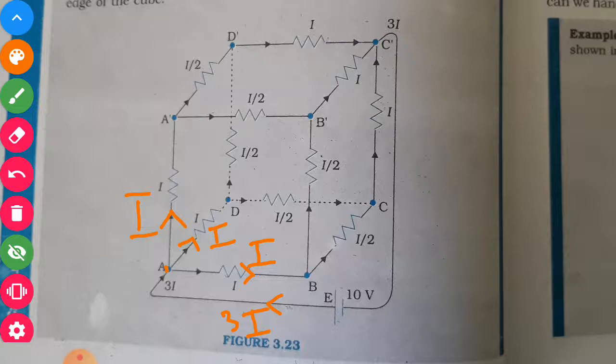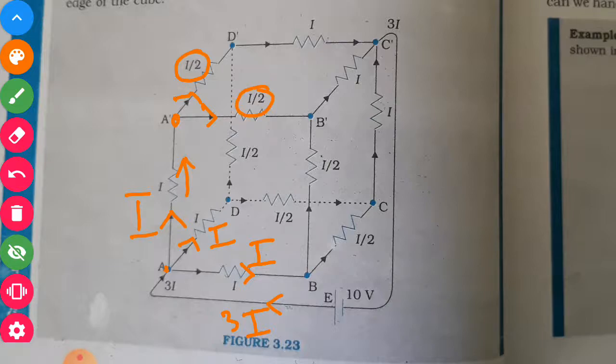Now this current I reaches here at this point A prime, then again it will be divided into two parts. Again symmetric figure, so here I by 2 current goes, and in the other part also it becomes I by 2.